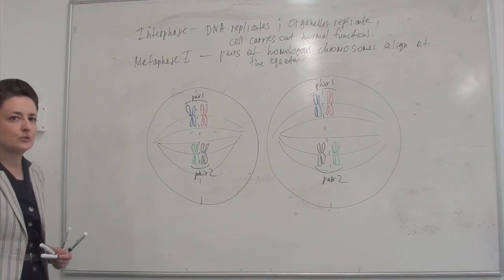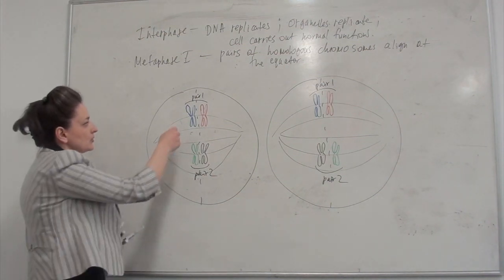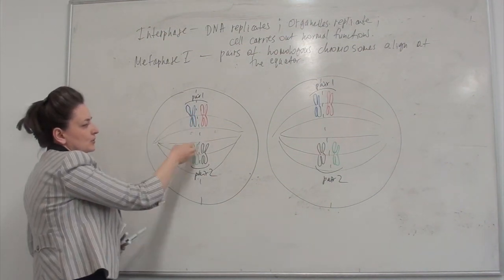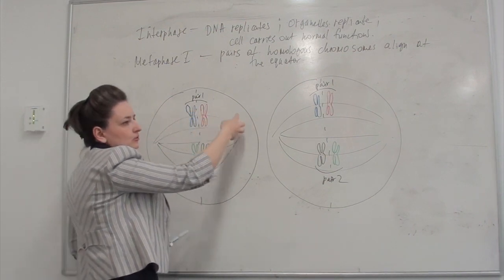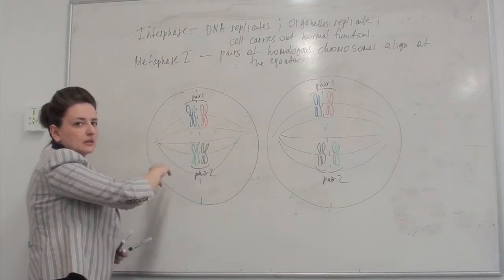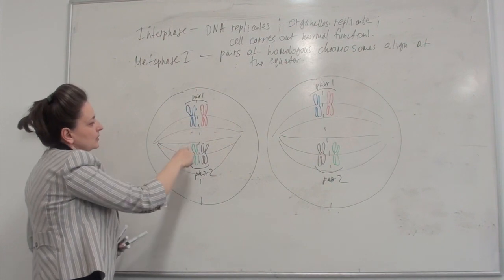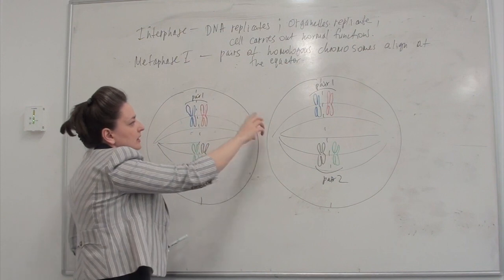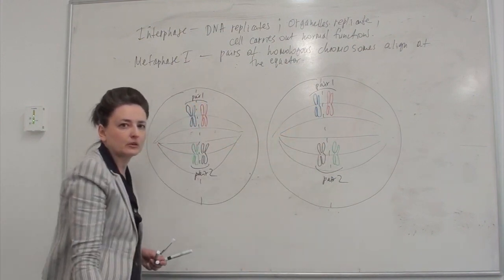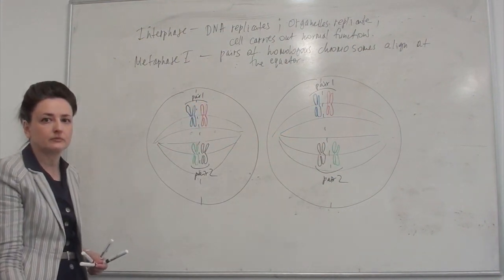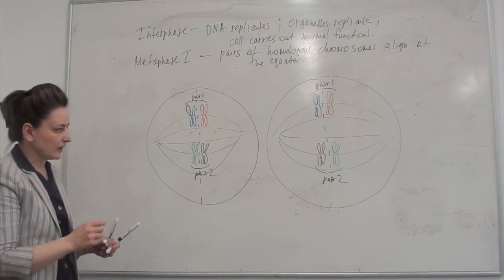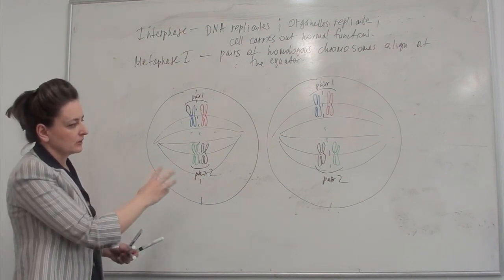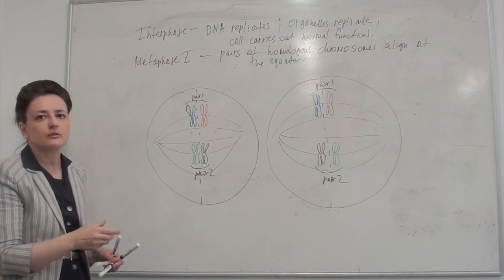And what you have to remember is that ultimately, I'm going to draw these chromosomes to one side and these two to the other side. So in this scenario, blue and green are going to end up being together in one cell, and in this scenario, blue and black are going to end up together. So you can see that these two diagrams are going to lead to different outcomes.